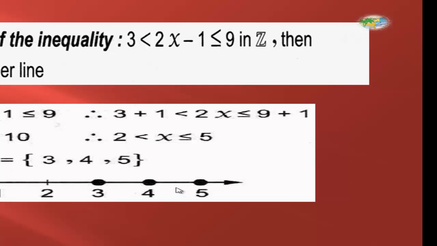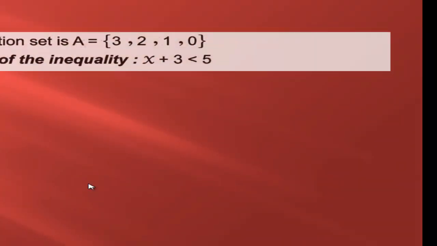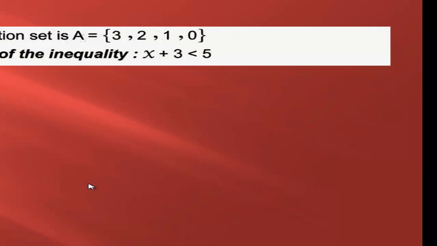Have a positive integer and a negative integer, and represent this solution set on the number line. Given the substitution set is 3, 2, 1 and 0, find the solution set of the inequality x plus 3 less than 5.